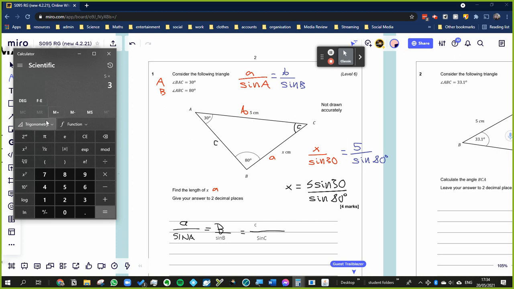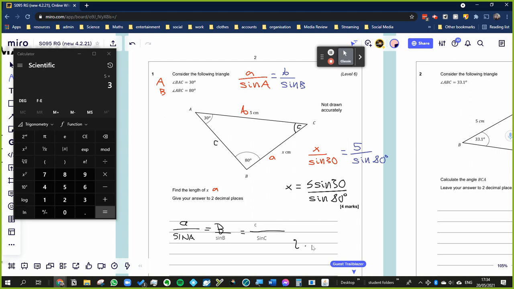So 5 times sine 30, then divide all that by sine 80, and 2.5385. So 2.5 centimeters is fine. Okay, two decimal places. Sorry, two decimal places. 2.54 then. So the answer is 2.54 centimeters.